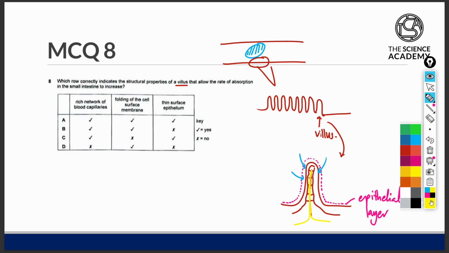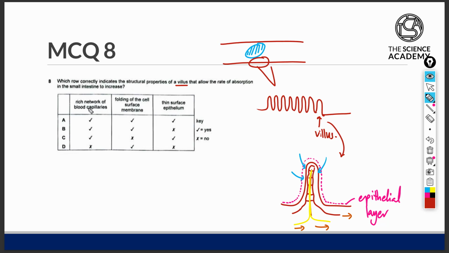This is the pathway where food molecules from digested fats, including glycerol and fatty acids, travel to the rest of the body. Other food molecules like glucose and amino acids diffuse into the blood capillaries and get transported to the rest of the body.